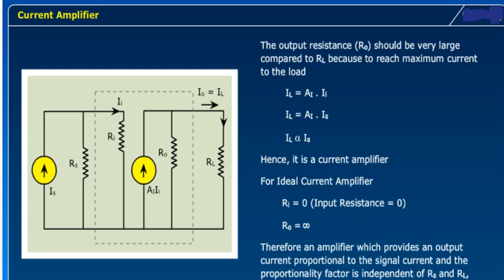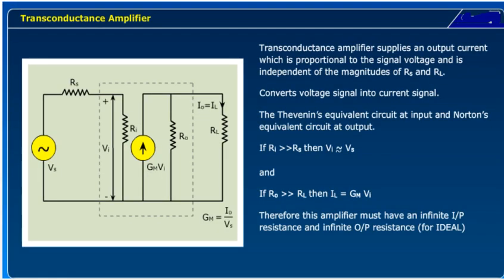Hence it is a current amplifier. For an ideal current amplifier, Ri equals 0 and R0 equals infinity. Therefore an amplifier which provides an output current proportional to the signal current, with a proportionality factor independent of Rs and RL, is called a current amplifier.